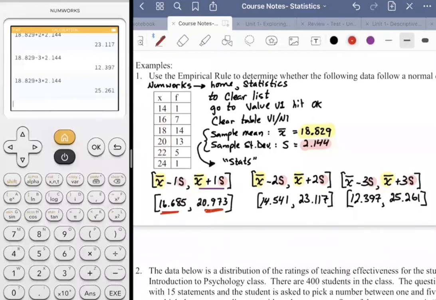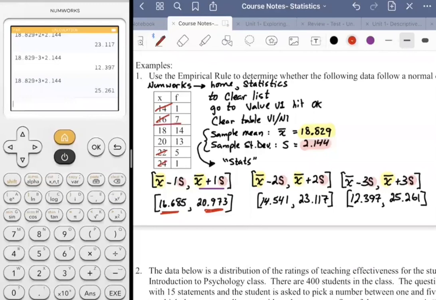It's got to be between 16.685 and 20 point, well, I'll just say 16.7-ish and 20.9-ish. 14 is not there. 16 doesn't quite make it. 18 falls between those two numbers. 20 does, barely, but it does. 22 does not. Neither does 24.